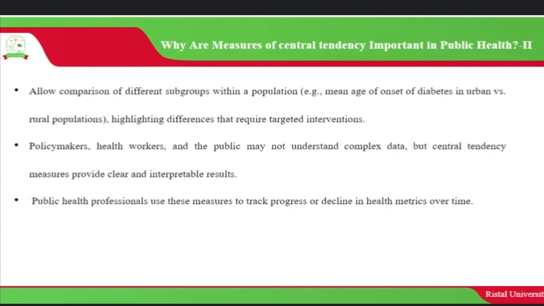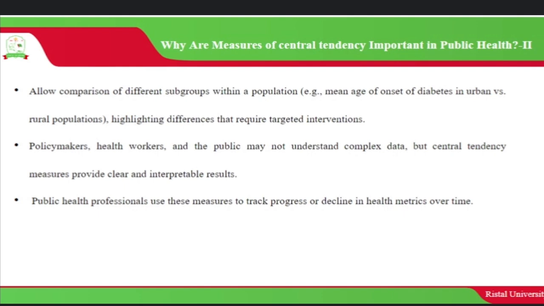So public health professionals also use these measures to track progress or decline in health metrics over time. These measures act as a benchmark for monitoring health programs since they track changes over time.